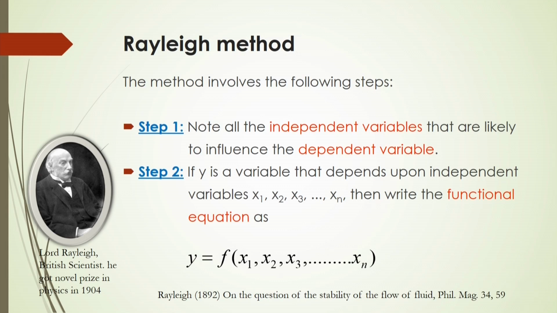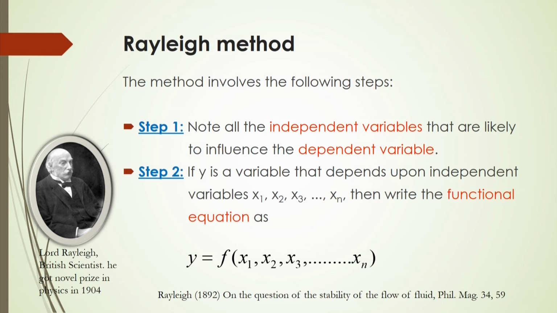So, based on this Rayleigh method, if you are considering here, note all the variables first. Out of which you will see which ones should be independent variables and which ones should be dependent variables.